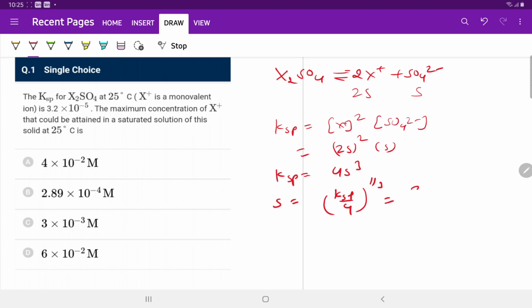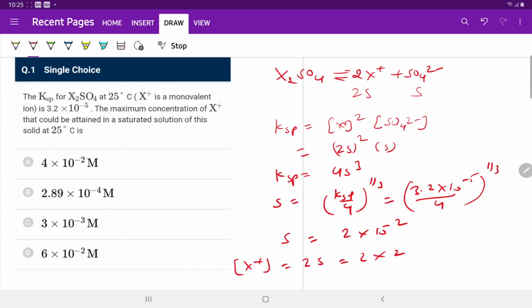The value of Ksp is 3.2 into 10 raised to power minus 5 divided by 4, to the power 1 by 3. So the value of S is 2 into 10 raised to power minus 2. Maximum concentration of X plus is equal to 2S, which is 4 into 10 raised to power minus 2. So option A is correct for question number 1.